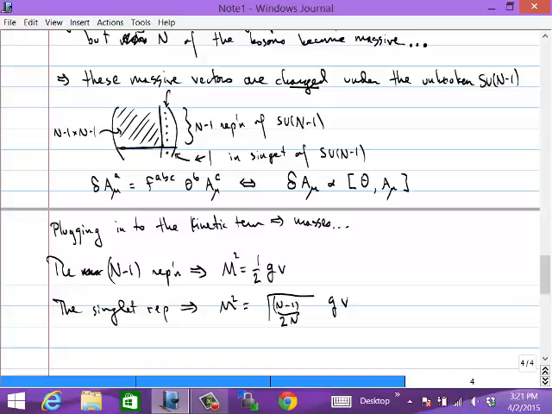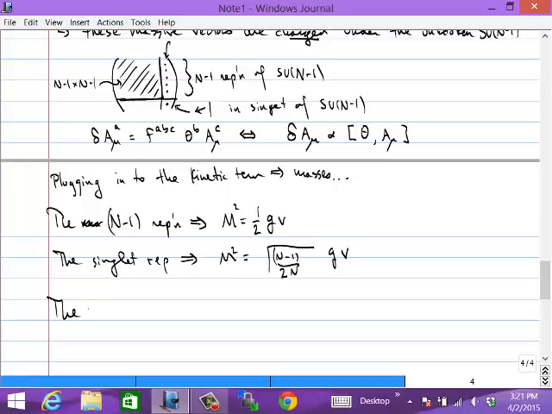So if you didn't already realize that n minus 1 of those vectors were related by some symmetry, the fact that they all have the same mass would be a little clue. If you have a field theory and a bunch of fields all have the same mass, then that's a hint that you could rotate among them, and that's a symmetry. The point that I really want to make clear is that the mass matrix, what we called M squared AB, is a dimension of the gauge group by dimension of the gauge group matrix.